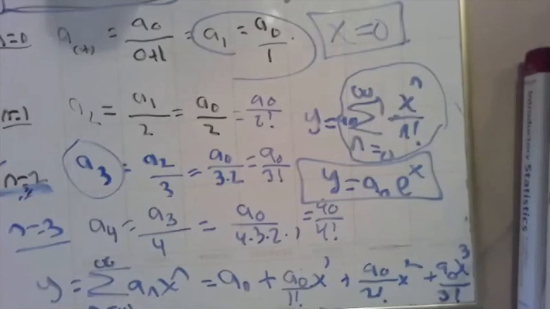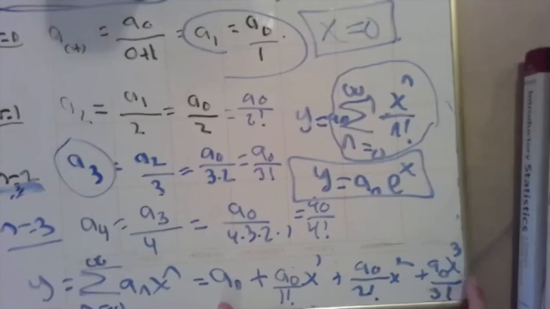So if I wanted to approximate it at, say, 0.1, then I would just plug in 0.1 for all the x's, and I would go as far as I think I needed to get a good approximation. Maybe write out 10 terms, plug in 0.1 into all of them, and I would get a good approximation. Yeah, that's what your calculator does.